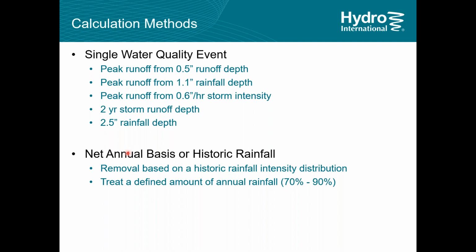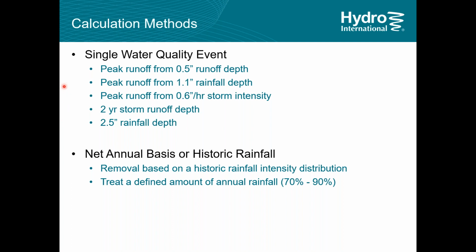This is often tried to be defined in many stormwater manuals, and we see it does change a lot from area to area. Now, I know many people work in their specific area and they know their specific regulation. We deal worldwide basically, and we see different regulations, but what I find is that the regulations start at around either a 0.5 inch runoff depth or a 0.5 inch rainfall depth.